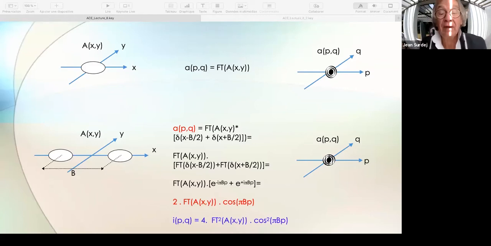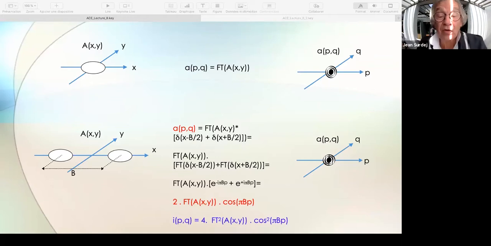And this we know: the Fourier transform of a Dirac function is equal to 1, except if it has been translated, then it's just represented by the complex exponentials which are shown there. And then we know that the summation of these two complex conjugated exponential functions just gives rise to a cosine.